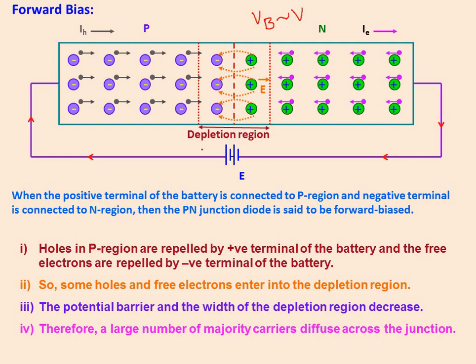it constitutes a current. And if the applied potential V is more than the depletion layer potential, which as I already told you is in the order of 0.3 and 0.7 volts for germanium and silicon, then once the applied voltage crosses that minimum value, the charge carriers will overcome this wall or barrier and cross to the other region.